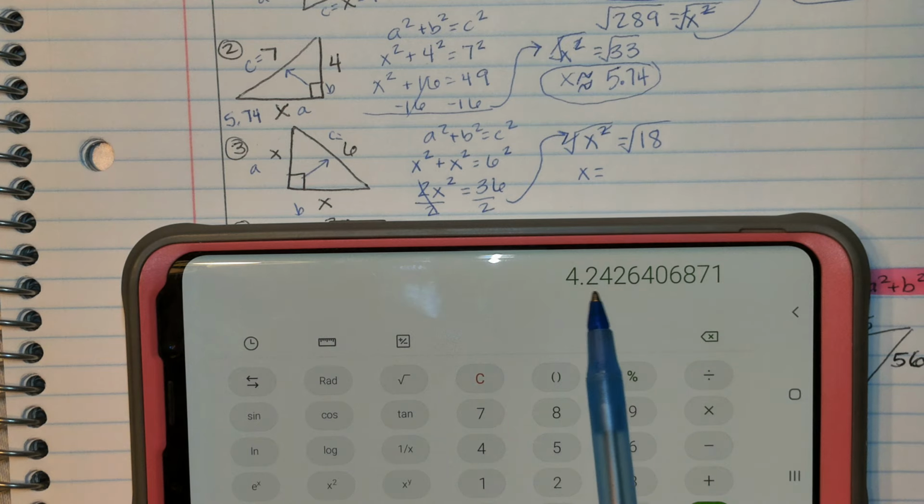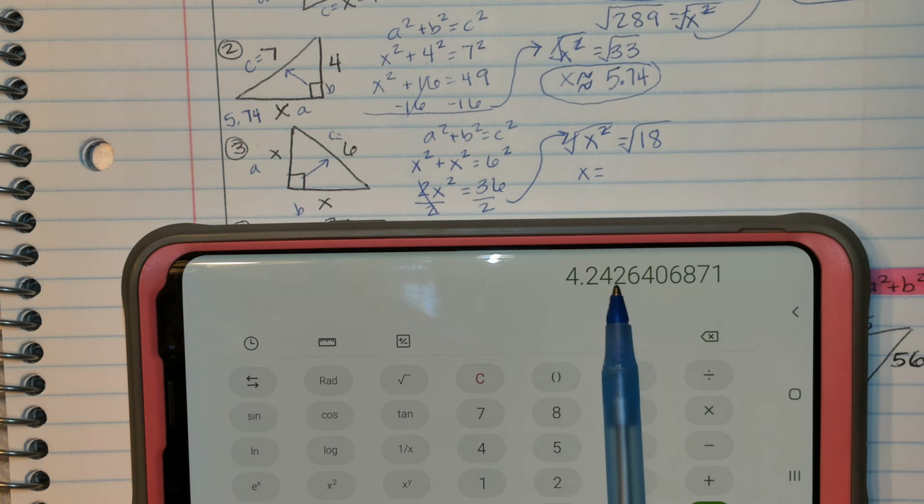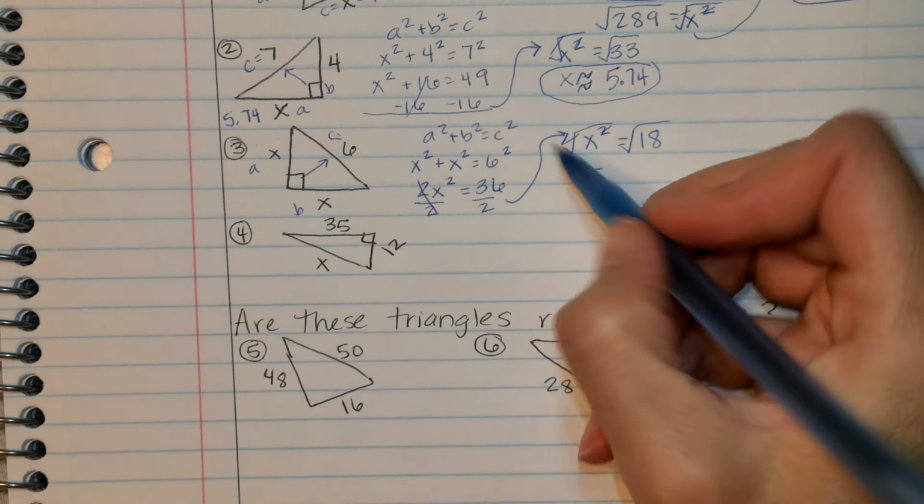So it's 4.242. Don't worry about what's after the 2. Since the number on the right is a 2, I keep this 4 the same. So I don't have to round up. 4.24 is my approximate answer.